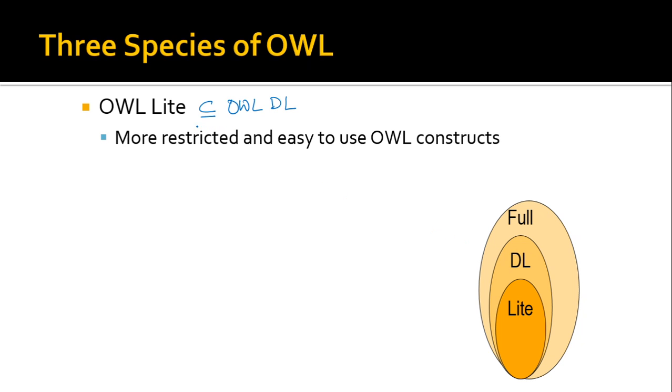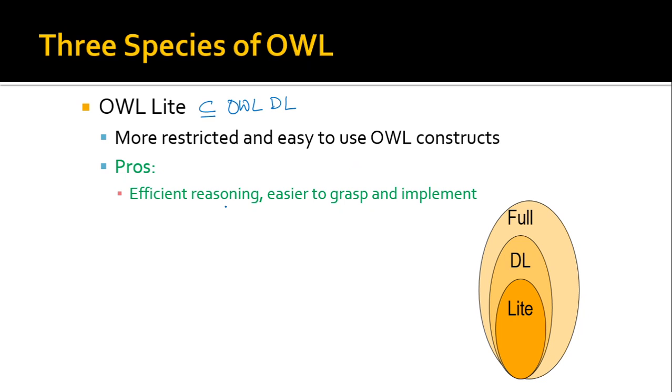Coming to OWL Lite, we have a more restricted use of these OWL vocabularies and constructs. But they are very easy to write and use, and they are mostly used in teaching and learning scenarios. They are not used in real scenarios in most cases, because the kind of knowledge that you can express with OWL Lite is much simpler than what you can express with OWL DL or OWL Full, right?